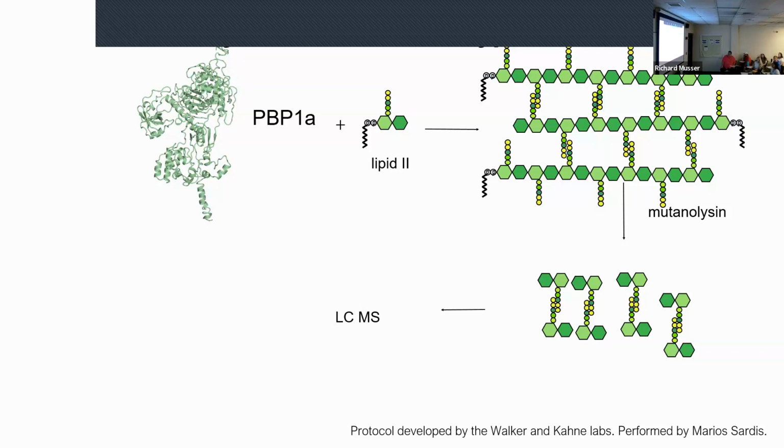That peptidoglycan that was then formed was treated with an enzyme called mutanolysin, which chopped up the saccharide backbone, which left you with these muropeptide species, just those cross-links, which could then be separated on liquid chromatography and mass spectrometry to characterize them and look for the specific chemical signature of cross-linking.